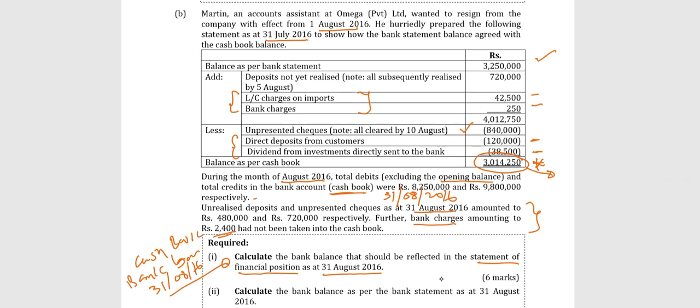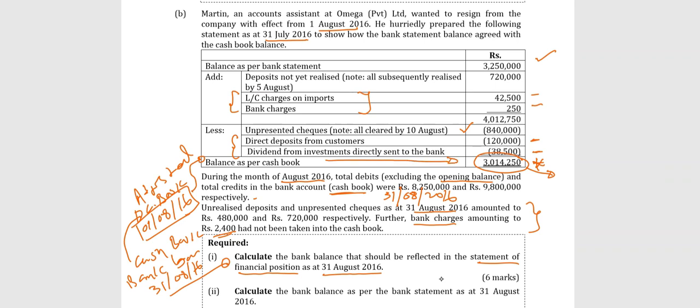So prior to that, you need to identify the adjusted cash book balance as of 1st August 2016, because the 1st August 2016 balance is not the correct balance.